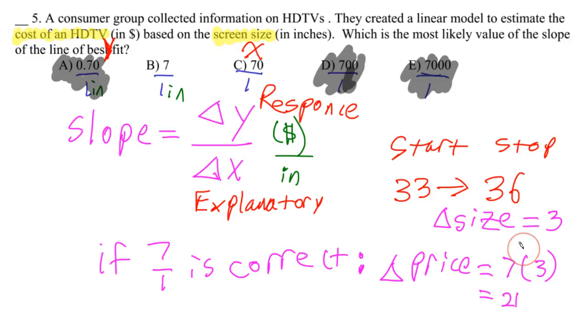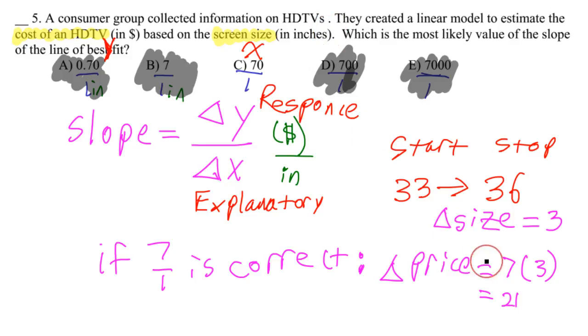That just doesn't seem right, because people would walk into the store and say, I want to get the 33-inch, but most people want a larger TV, and they're going to be willing to spend the extra $21. So it's probably not the case that we're going to use B as the correct answer.